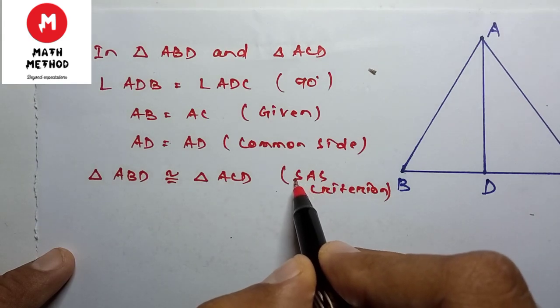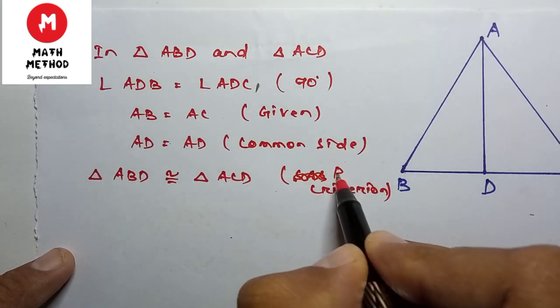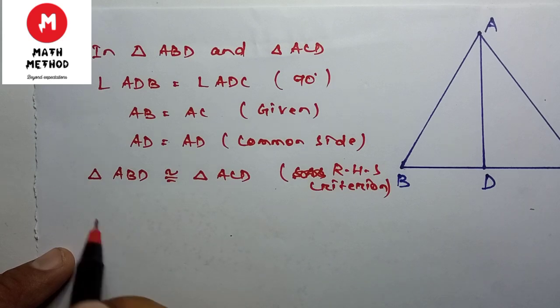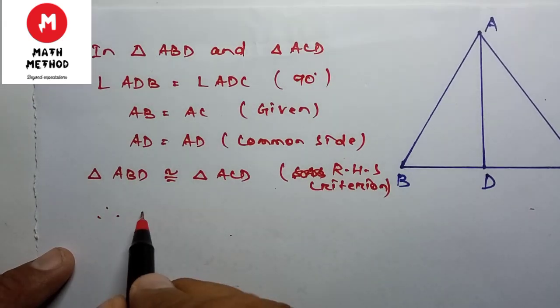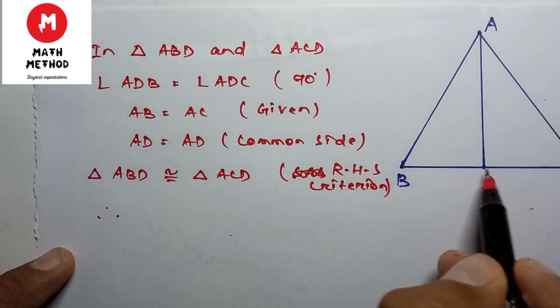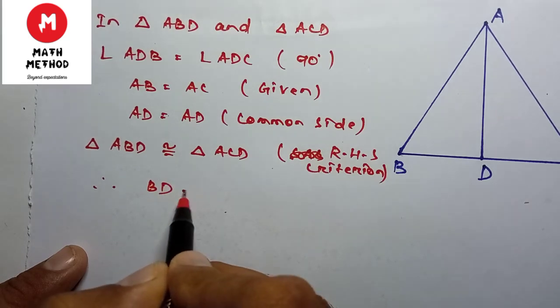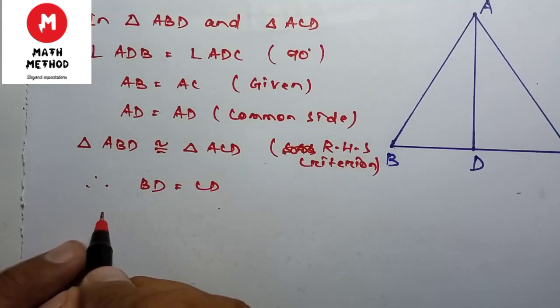Don't write this like this, we have to write RHS criterion. Clear? So therefore if two triangles are congruent, then by CPCT, here BD is equals to DC, BD is equals to CD.